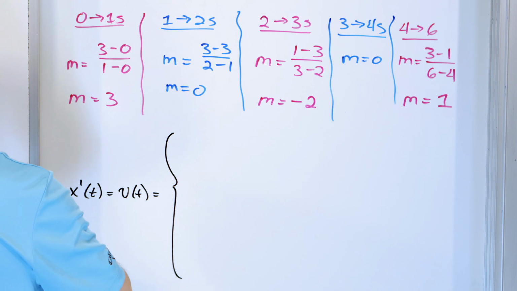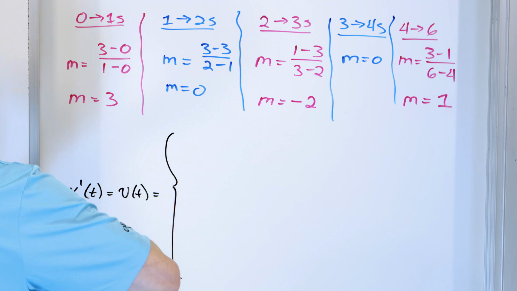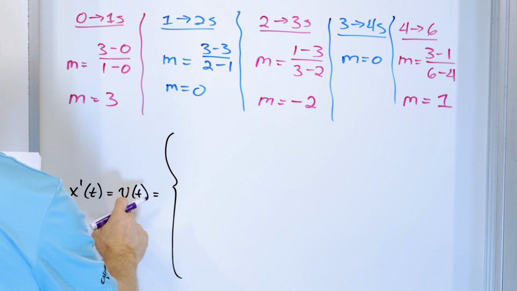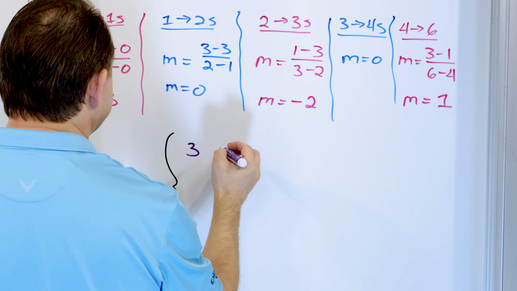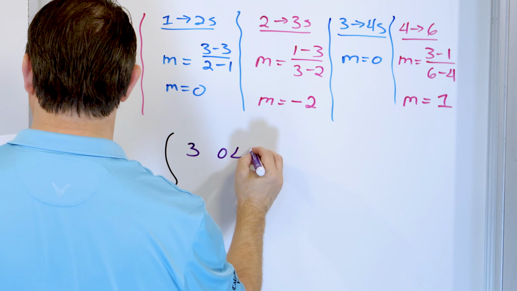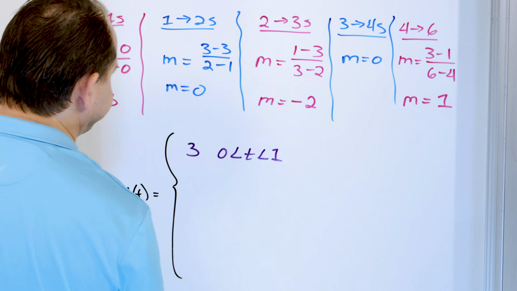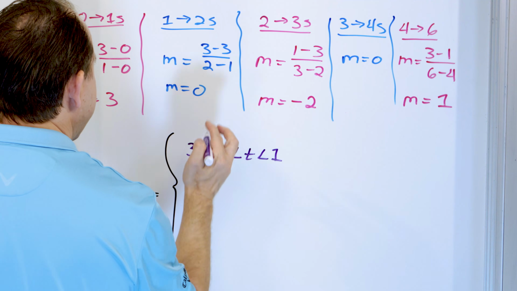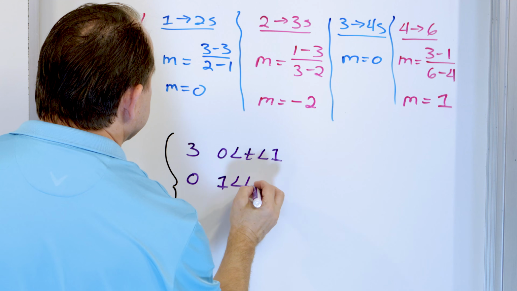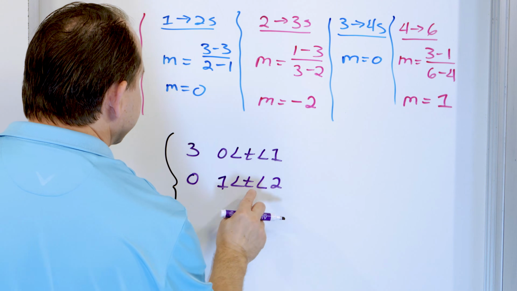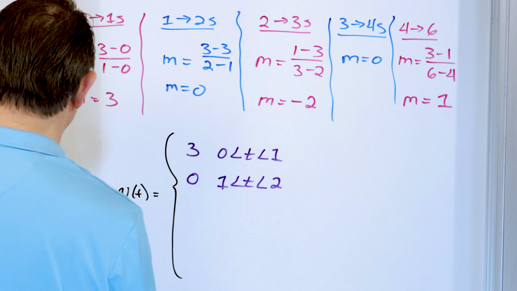For the first little bit, the velocity was equal to 3 meters per second, but that is only in the range of 0 to 1 second, so 0 less than t less than 1. And then we would have 0, but that would be in the window of 1 to 2 seconds, so t bigger than 1 second, t less than 2 seconds.